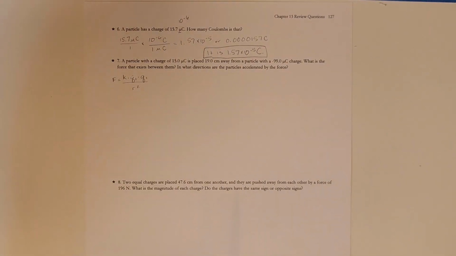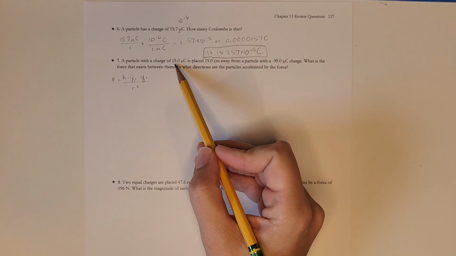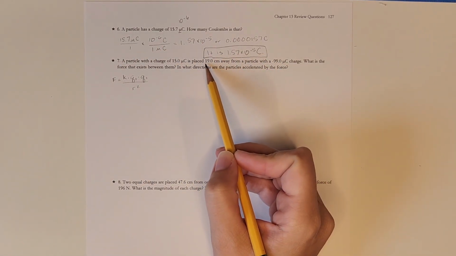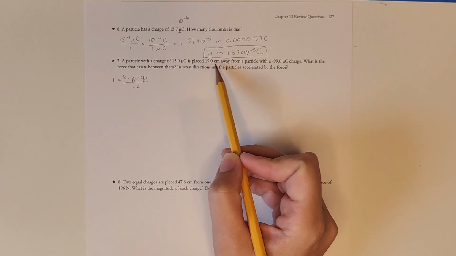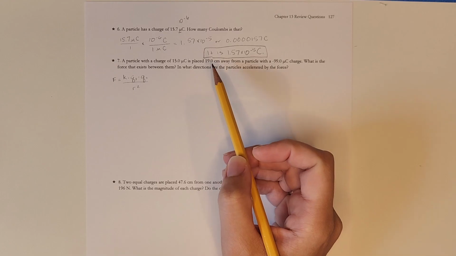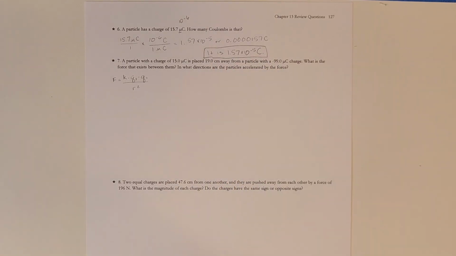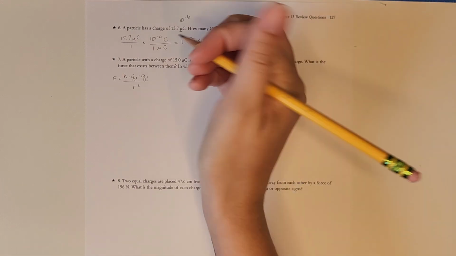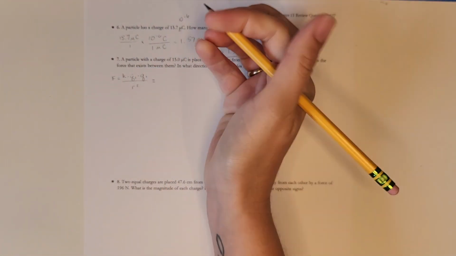You'll notice that our given values are in microcoulombs and our radius is in centimeters, so we're going to need to convert all of that. I'm just going to do that on the fly because by now we should be pretty familiar with converting. So I'm going to go ahead and write out our equation.